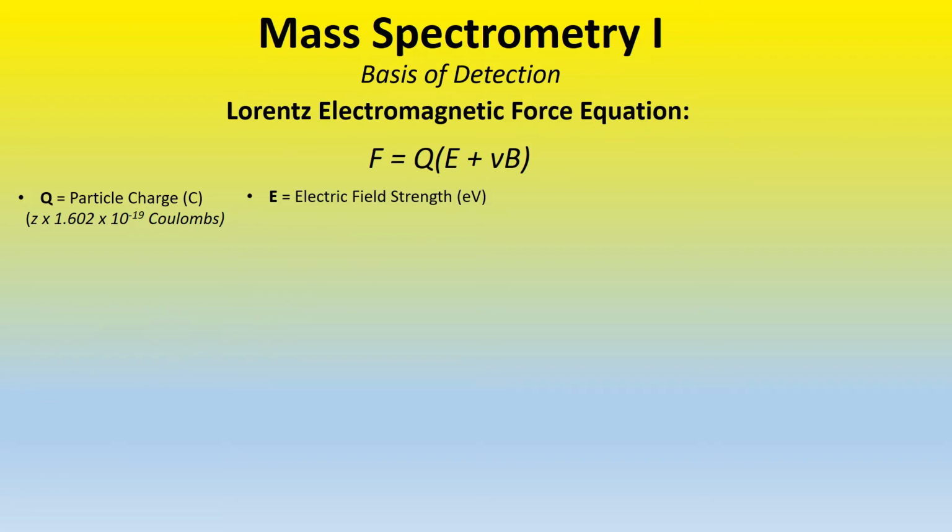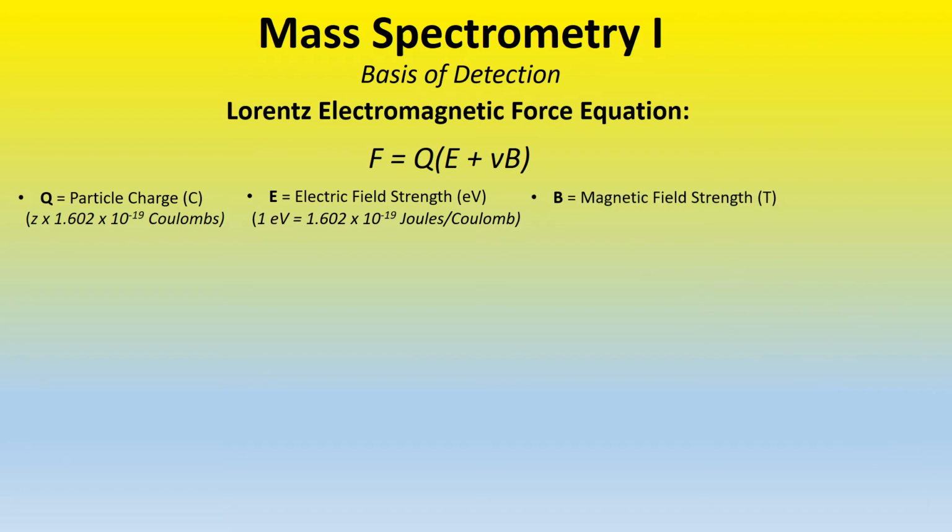E is your applied electric field strength, generally measured in electron volts, where 1 electron volt is a joule per coulomb, so an electron volt is 1.602 times 10 to the minus 19th joules per coulomb.